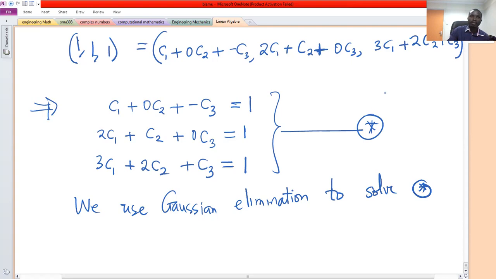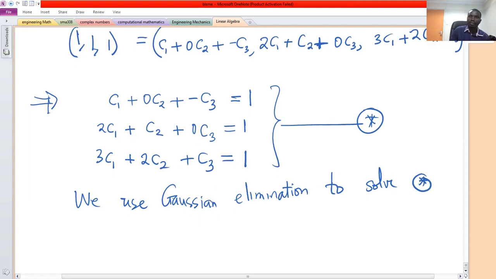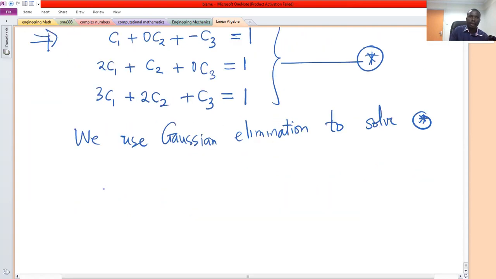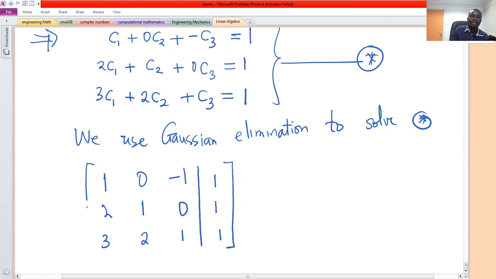So let's write the augmented form of this system. I'll have 1, 0, -1, 2, 1, 0, 3, 2, 1, and then we have 1, 1, 1. So this is the augmented matrix of the system.